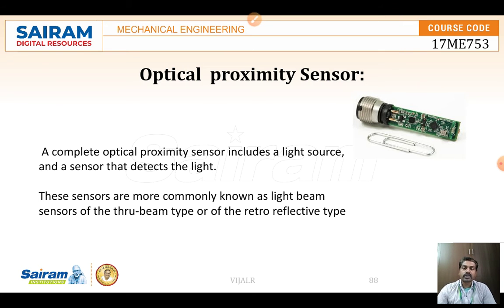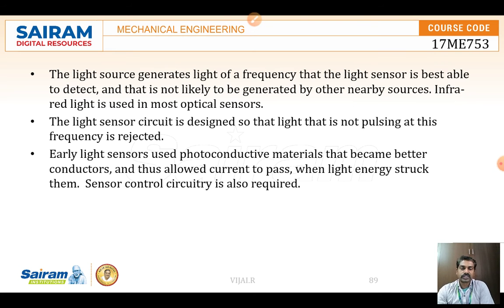The optical proximity sensor works with the help of a light source, so it detects the light. It is commonly known as a light beam sensor. Two types of optical proximity sensor are there: through beam type and retro reflective type. Normally we use infrared rays.